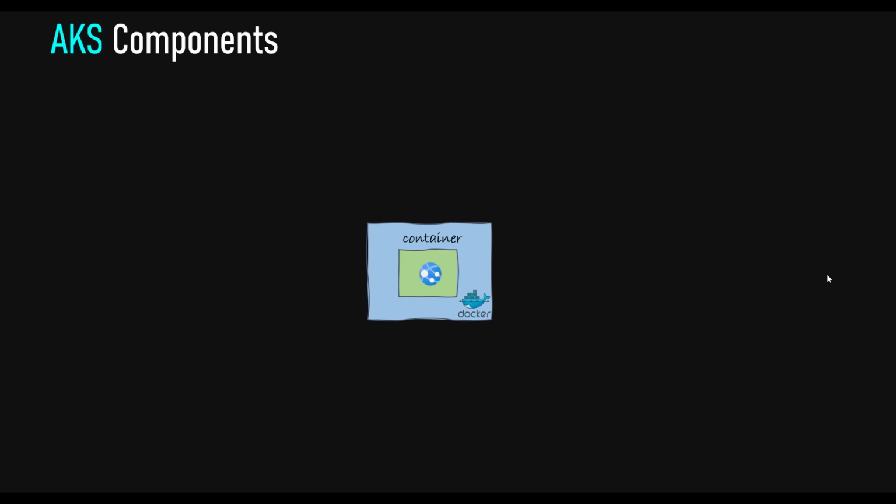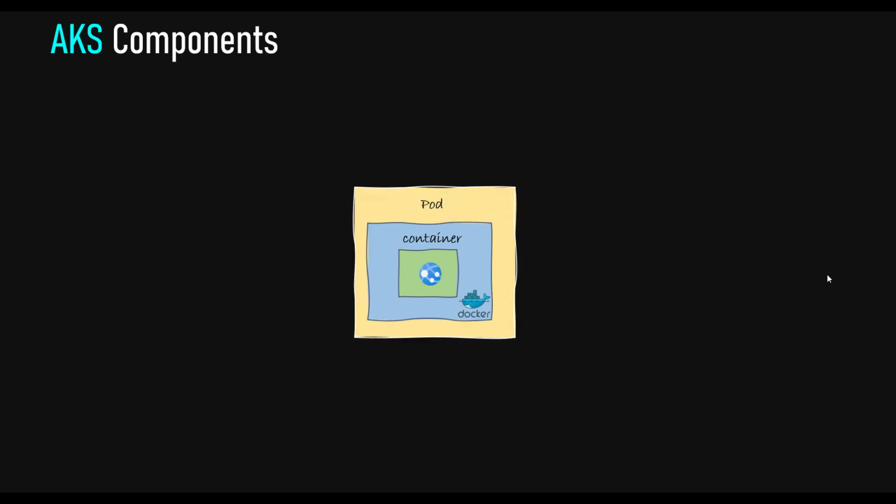And then when we are going to deploy this particular container into the Azure Kubernetes or publish the container into the Azure Kubernetes, this particular container or the application will be packaged as a pod. A pod can have one or more container, but in this particular example, considering one pod has only one container.